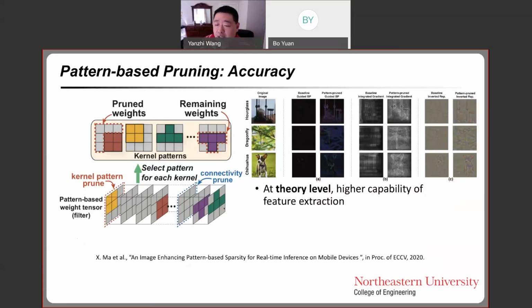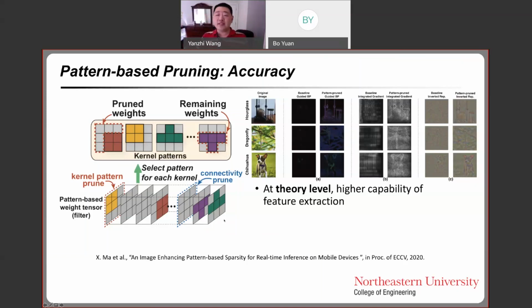At the theory level, these patterns have a higher capability of feature extraction, matching the human visual system, and they sharpen the feature extraction through their coincidence with the Laplacian of Gaussian filter theory.